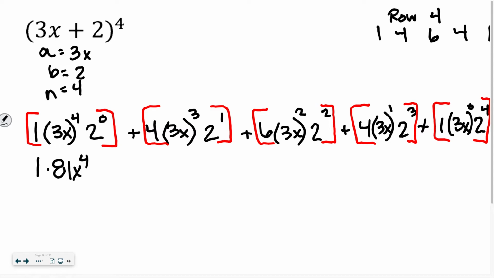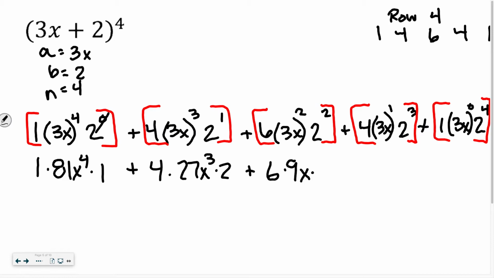And then 2 to the 0 is 1, plus 4 times 3 cubed, 27 x cubed, times 2, plus 6 times 9x squared times 4, plus 4 times 3x times 8, plus 1 times 1 times 16.